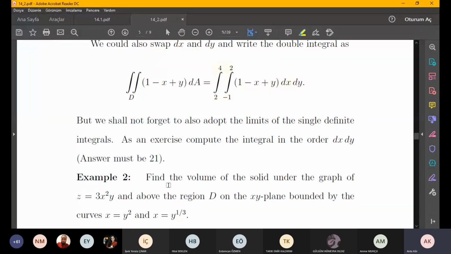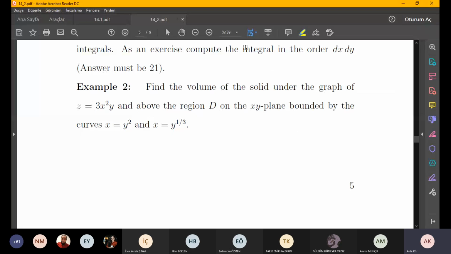Of course, do not forget to also adapt the limits of the single definite integral. If you swap dx and dy, you have to change the limits of integration, this one and also this one. As an exercise, you can do the second one in order dx and dy; the answer will be the same.